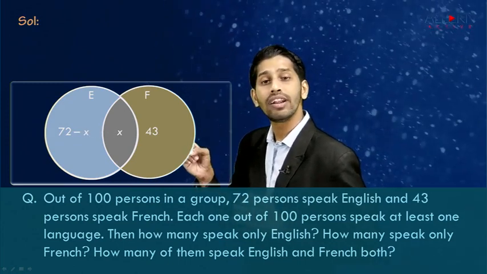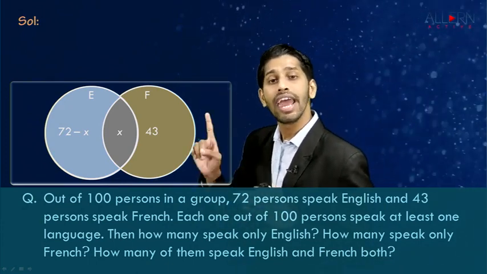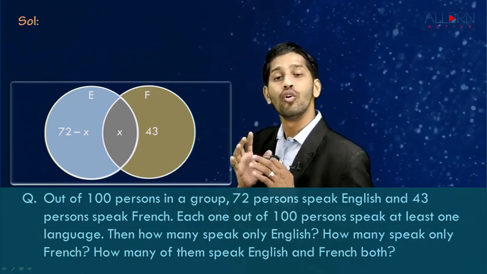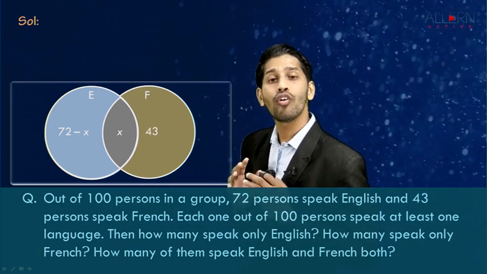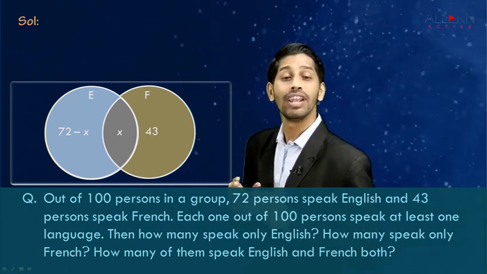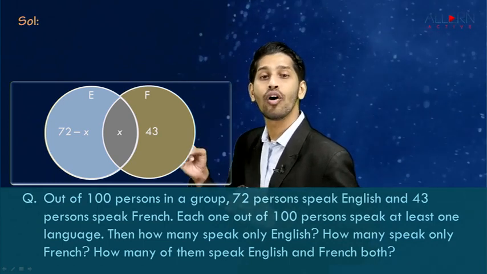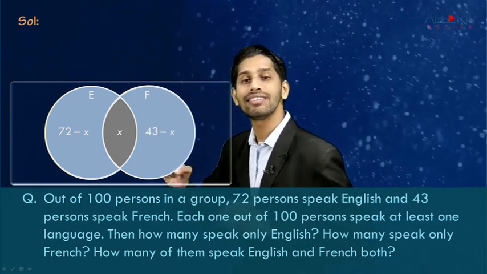Similarly, 43 persons speak French, but out of these 43, x are those persons who speak English along with French. That means if we want to find a number of persons who speak only French, we'll have to subtract x from 43. This 43 will become 43 minus x.